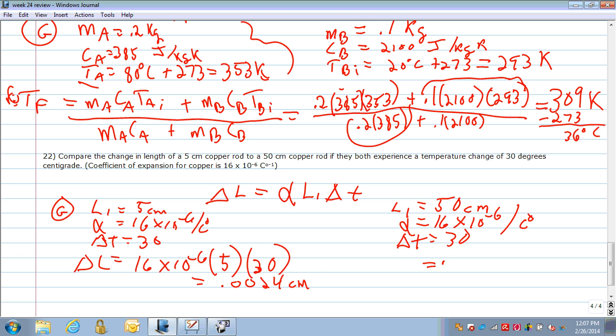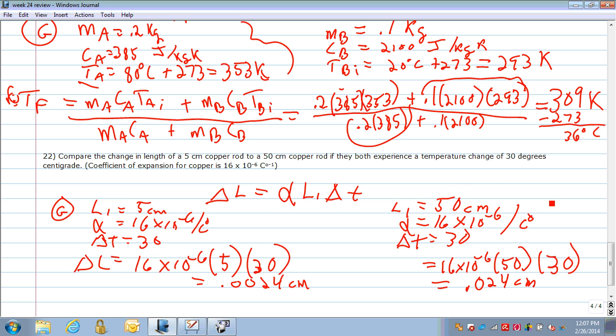This one over here is also going to be equal to 16 times 10 to the negative 6, but this one's going to be times 50 times 30. This will equal 0.024 centimeters.